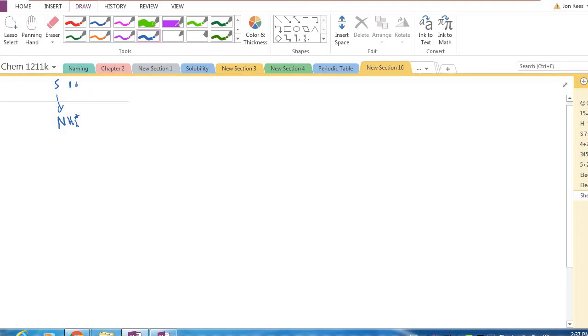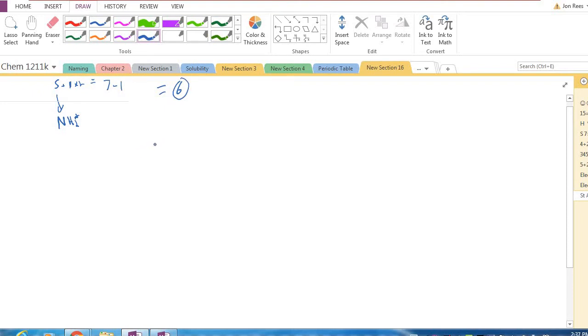I've got 2 of those, so this is a total of 7 valence electrons, but we have that plus charge, so we subtract 1, because a plus charge means we've lost an electron. So I have to account for 6 total valence electrons.